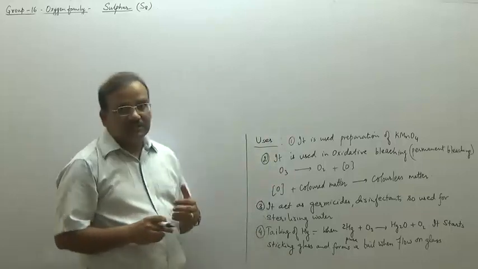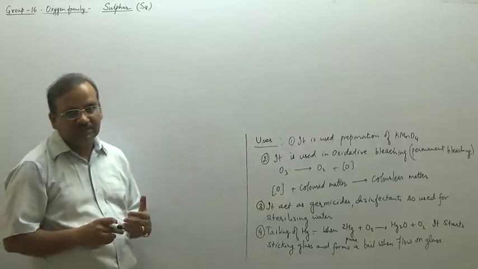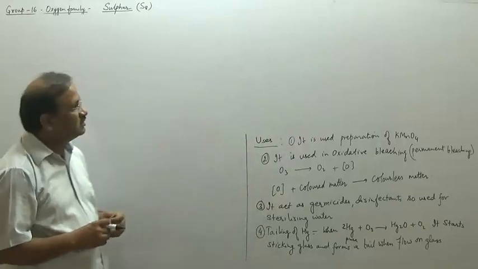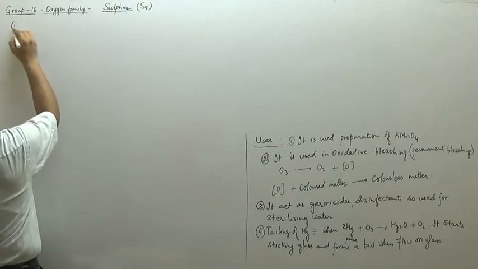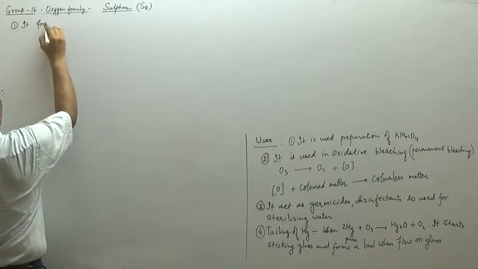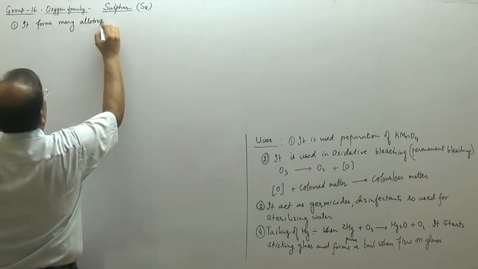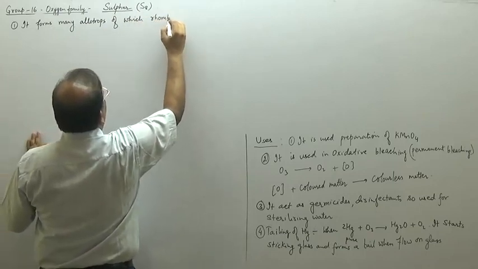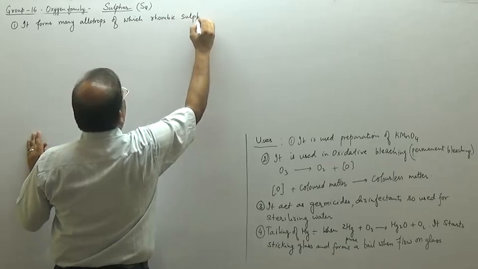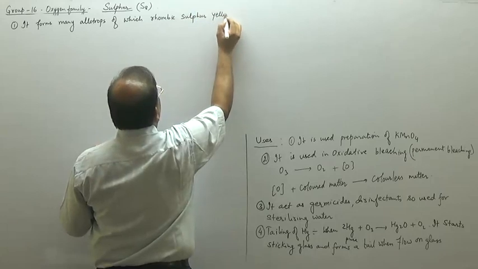We can discuss sulfur, its structure, its properties, and how we are going to prepare it. Sulfur forms many allotropes, of which the rhombic sulfur is also called yellow sulfur.